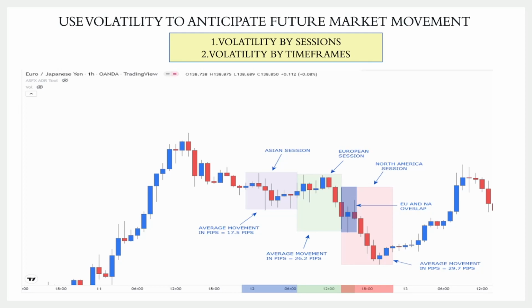This happens because the majority of traders are active during the European and North American sessions, therefore most of the liquidity is generated at those times of the day. What you can also see is that you can calculate average movement by each session to help you understand market conditions and to differentiate average and non-average movement. This Euro-JPY chart shows average movement during the Asian, European and North American sessions.